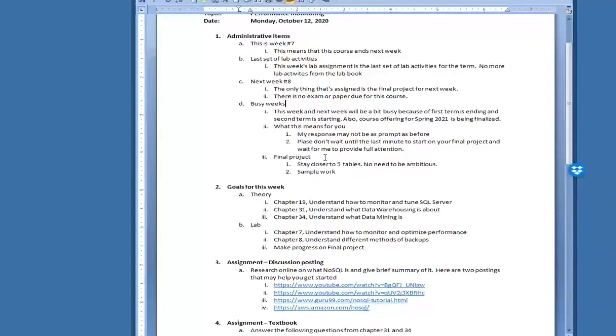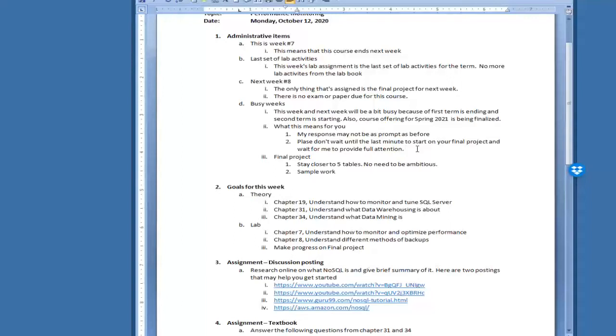What this means for you is, I think most of you already got started on your final project, which is great, but please don't wait until next week toward the end and say, oh, I'm ready to start, and expect a lot of time to be devoted to it from me. I'll do the best that I can, but I think that would be a losing proposition. Things that can go wrong will go wrong, as Murphy's law goes.